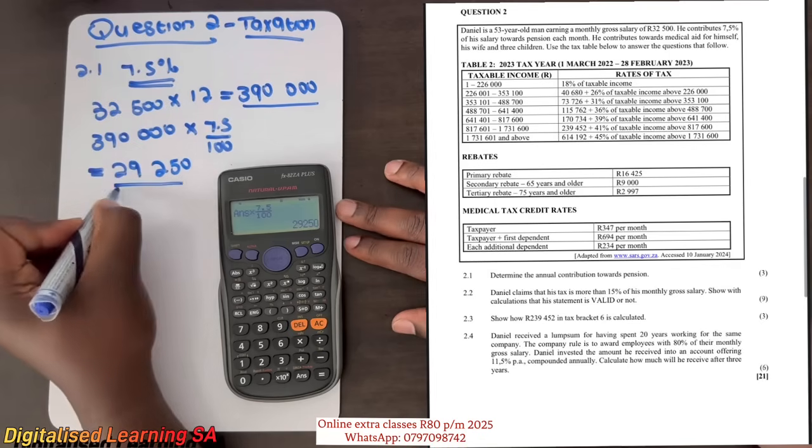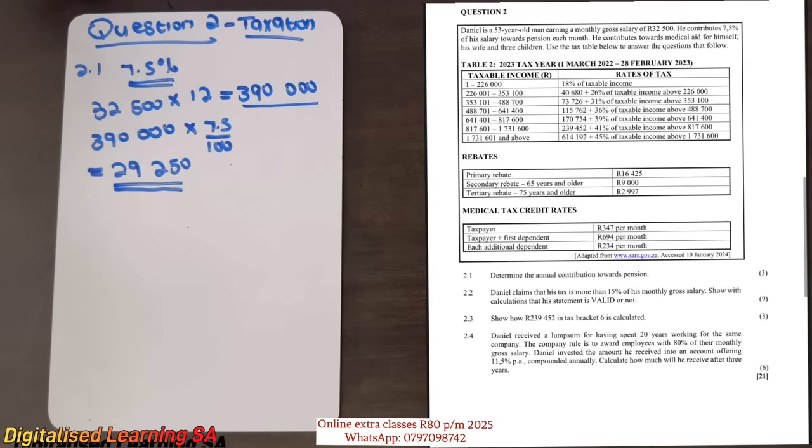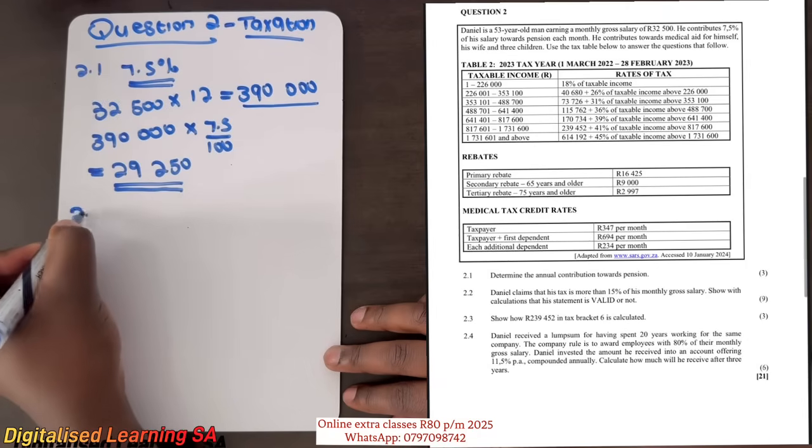This is the pension contribution. So we are done with 2.1, and now let's move to 2.2.